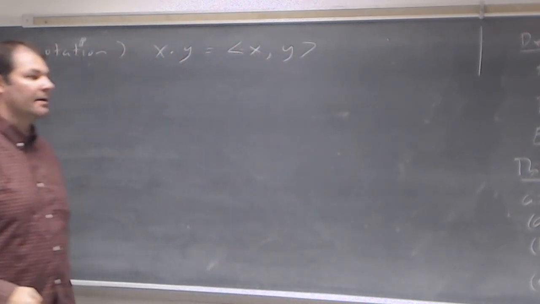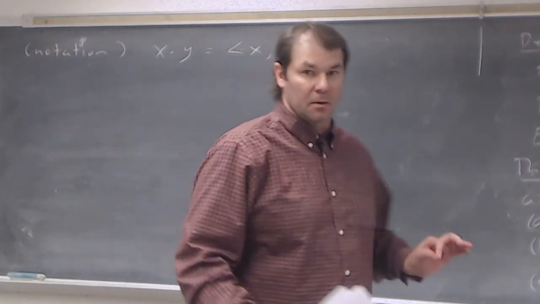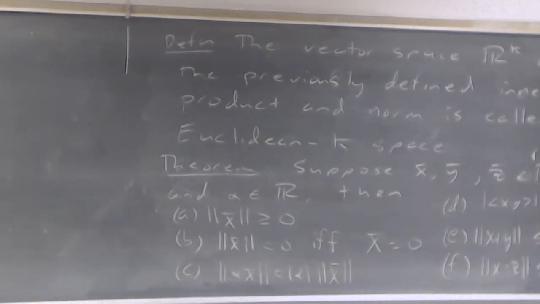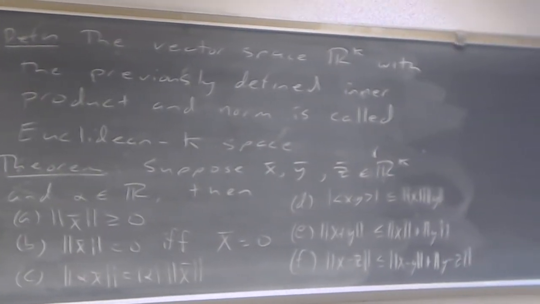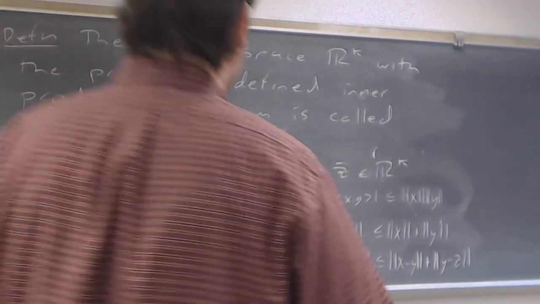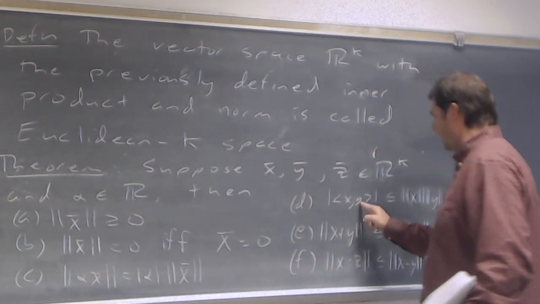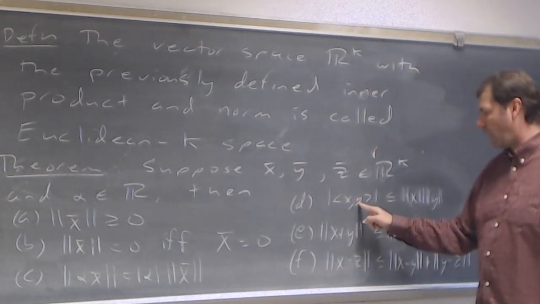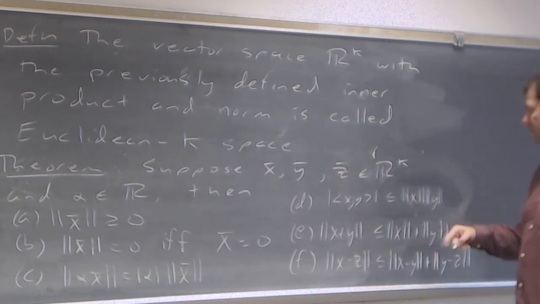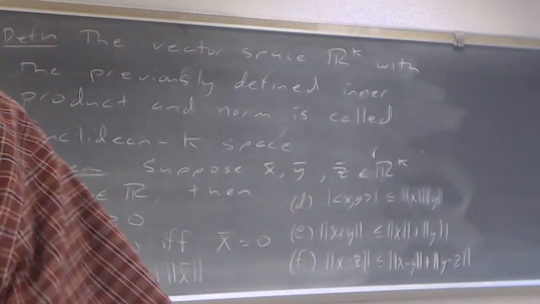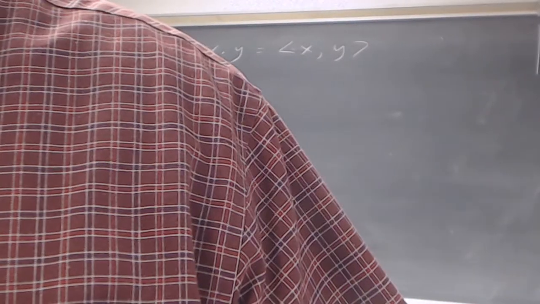And so with that, if I had written previously x dotted with y, the absolute value of that would be less than or equal to the norm of x times the norm of y, and that would have been accurate. I'm sorry. Okay, we want to prove these facts.